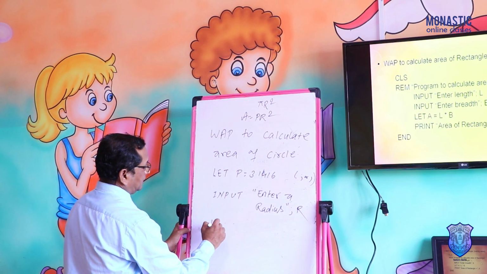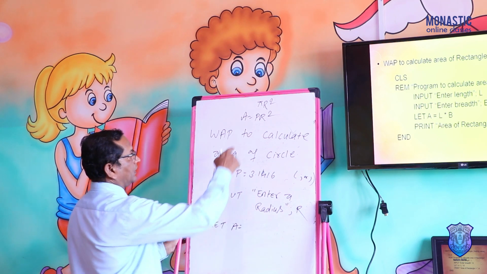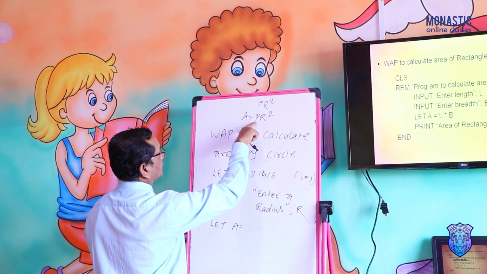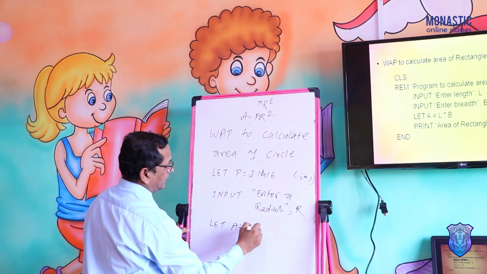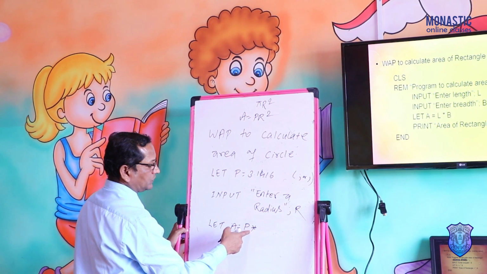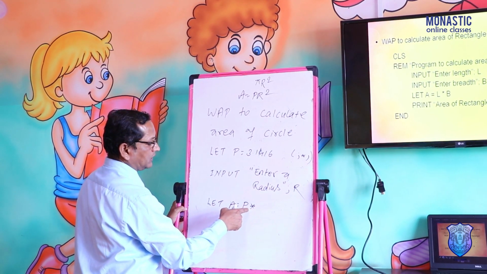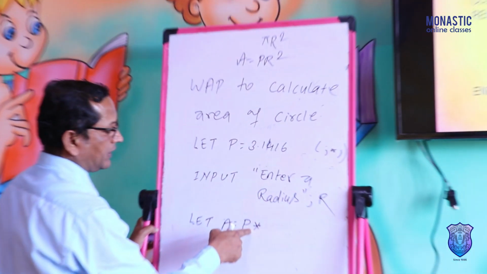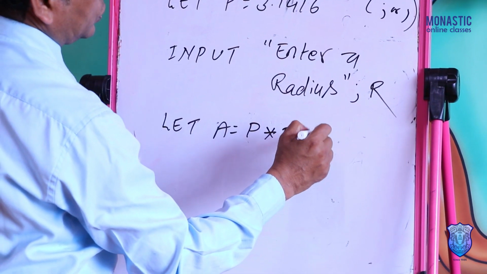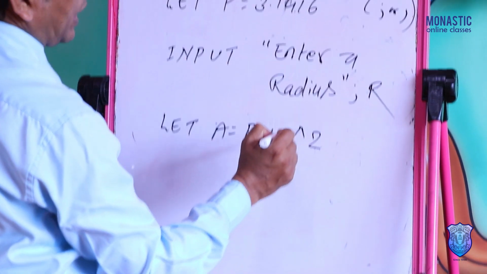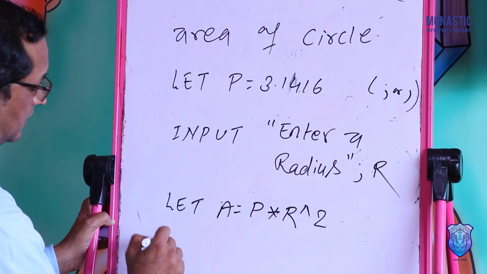Now processing, the formula. I told you in the beginning, instead of the symbol I have mentioned P here. So P into, this is the sign of into. In a computer, the asterisk sign is used as into, multiply. R caret 2 means R squared, otherwise R into R.